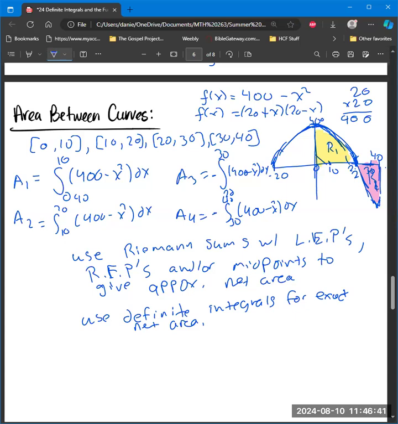Let's go ahead and move on to area between curves.